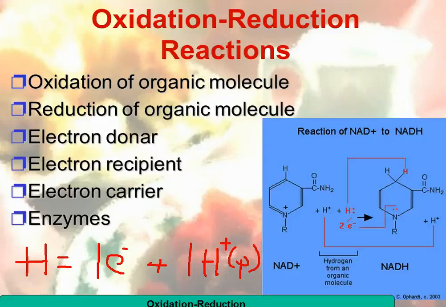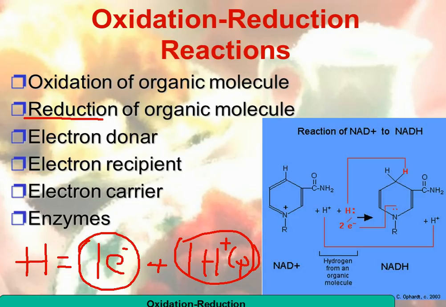So the electrons and hydrogens are moving together. They're kind of interchangeable. They're not exactly the same thing, but when I'm talking about passing off of electrons, I'm talking about passing off of hydrogen protons. If a molecule picks up this electron or the hydrogen, it is said to be reduced.